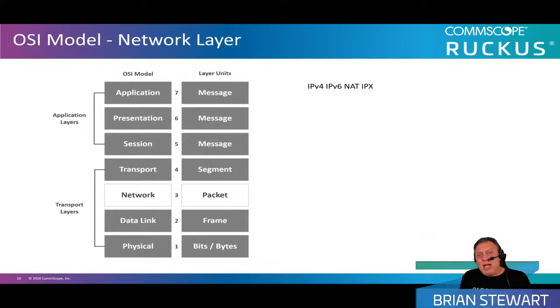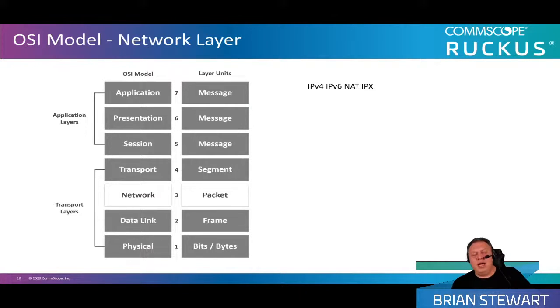Well, a lot of other people have that same address at home. They're using that same range of addresses. So to make sure it gets back to you specifically, you use network address translation on the router that is connected to your service provider out of your house. That is another layer 3 function or feature that translates your internal private range addresses into a public range address so that you can access things like the CommScope website and like YouTube.